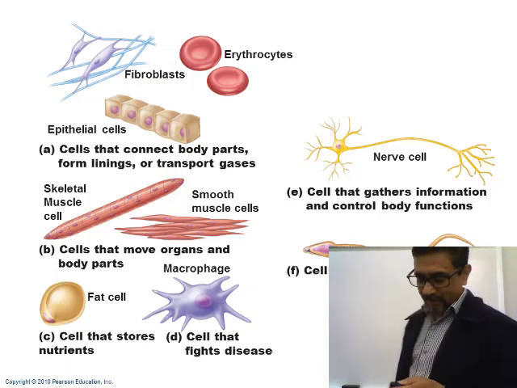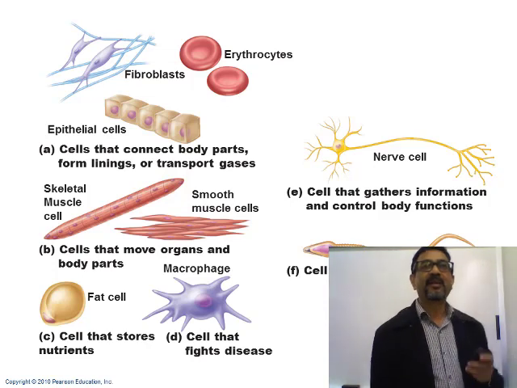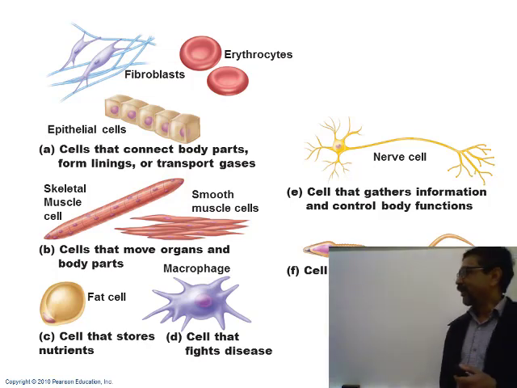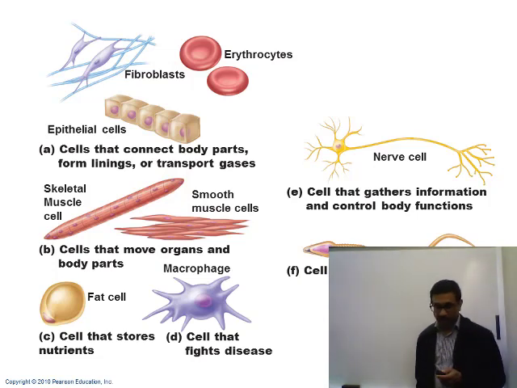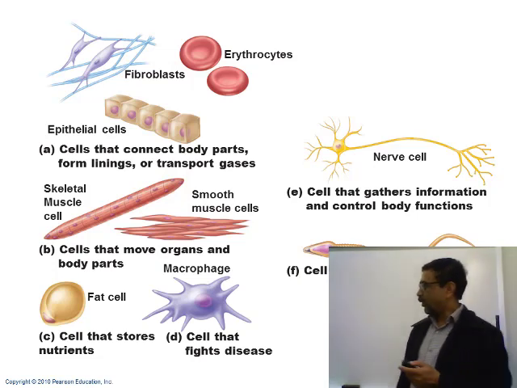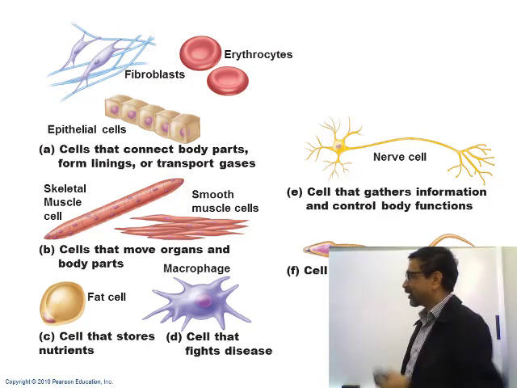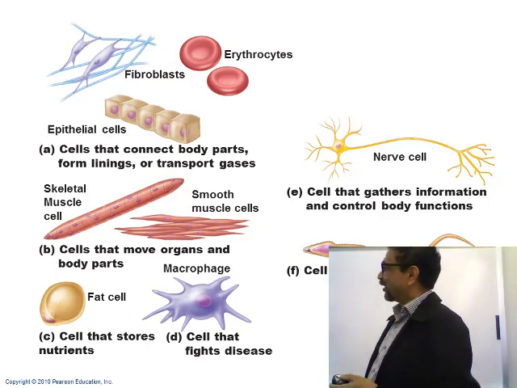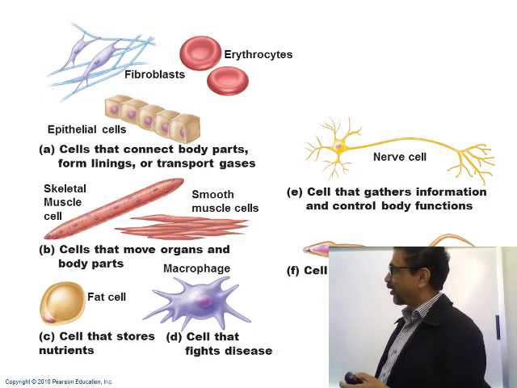The bottom one, the last one here, is a sperm, male sex cell. And you know that the sperm fertilizes the egg or ovum. You see, the sperm looks like a baby fish. It's an interesting structure. It has a head, mid-piece or body, and a long tail, right?